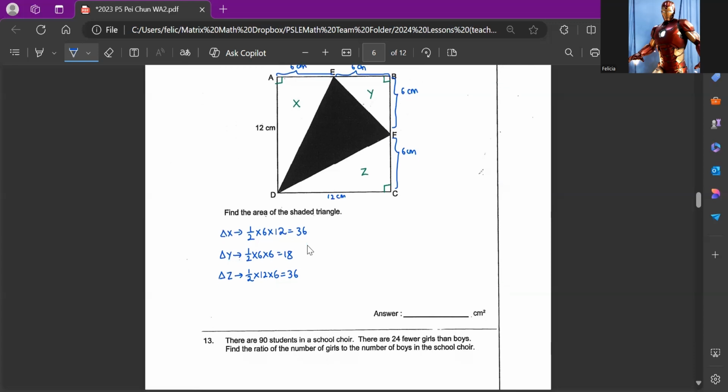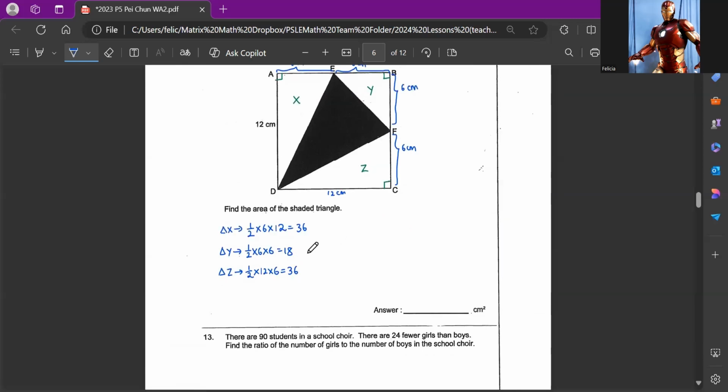Right now we can add all this up. The total unshaded parts is 36 plus 18 plus 36, so the total unshaded area is 90.